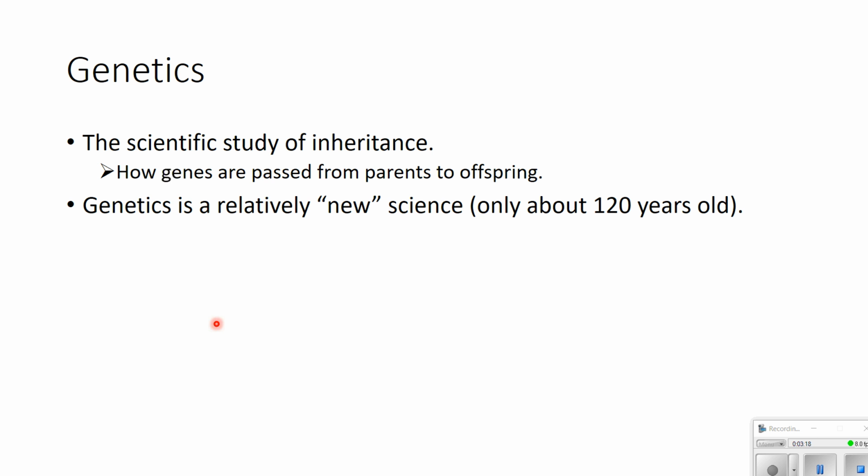It was right around 1900 that the work of Gregor Mendel was rediscovered, and it's kind of a sad story. Gregor Mendel lived in the 1800s. He did his research in the 1850s and 1860s.